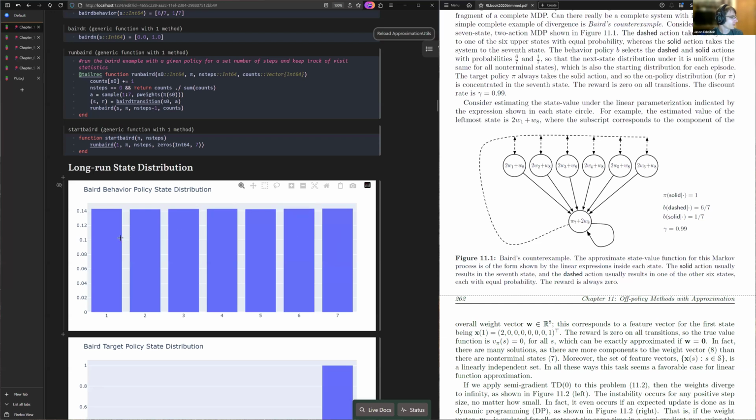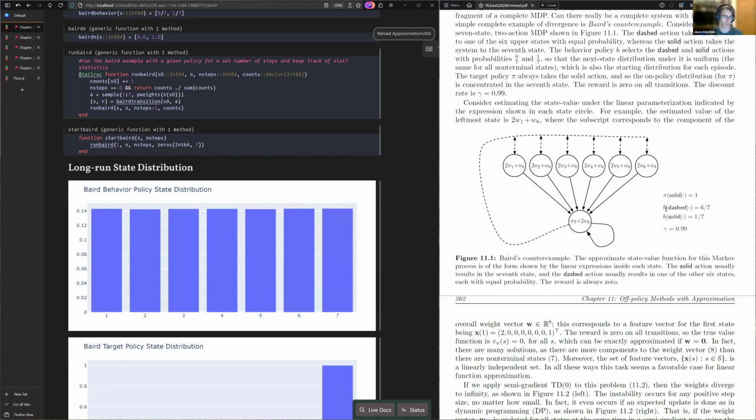Again, if we think back to the tabular problems, or if we do dynamic programming to estimate these values, we would sweep through the state space and do an update for every state, which would mimic this behavior policy.